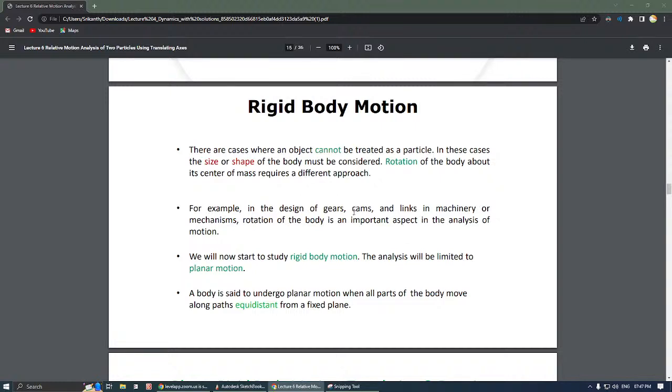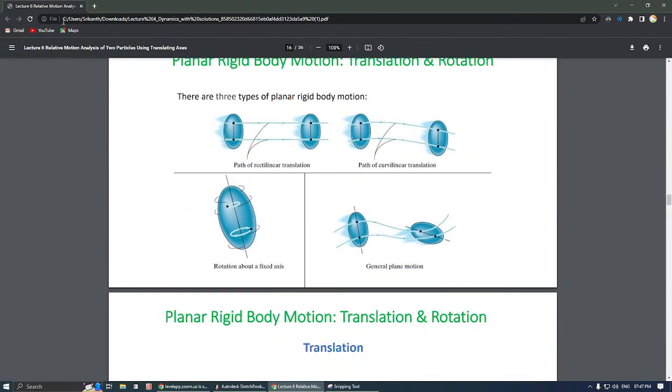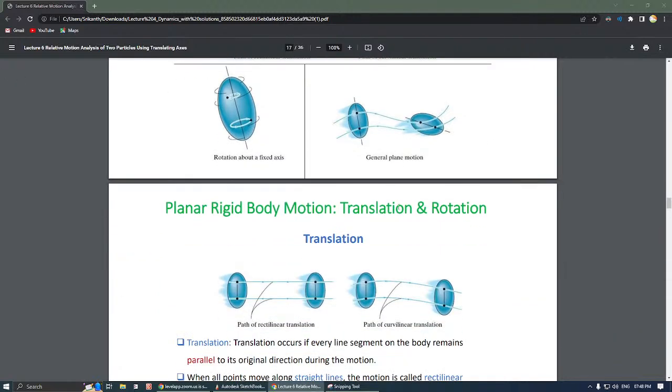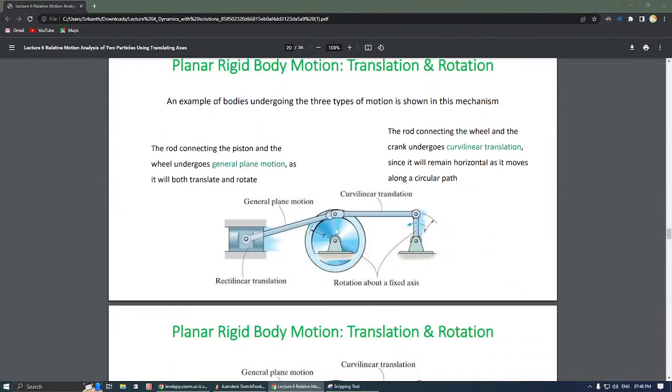And for example, design of gears, cams, and links in machinery or mechanisms. Rotation of the body is an important aspect in the analysis of motion. Okay. So, do you know what a mechanism is? Objects which move with relation to each other. Like you know about the 4-bar mechanism or slider crank mechanism, something like this.